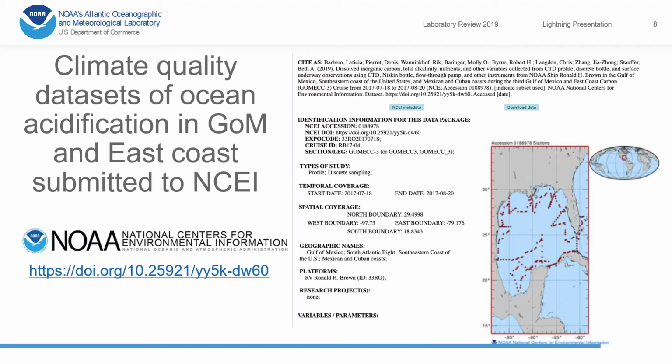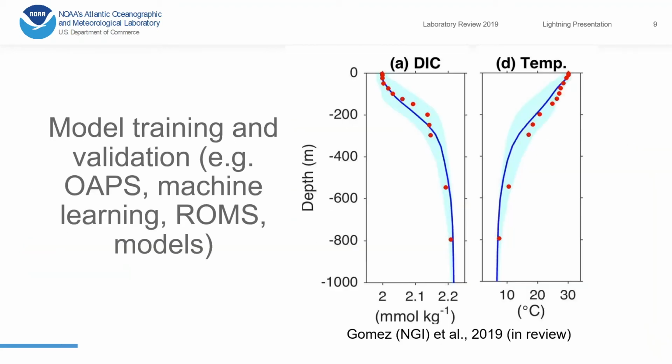As to who's using our data, there's a large number of scientists that use it, and it's widely used for model training and validation. It's been used to improve our ocean acidification product suite. It's used for machine learning approaches. You heard yesterday about biogeochemical modeling efforts at PHOD.